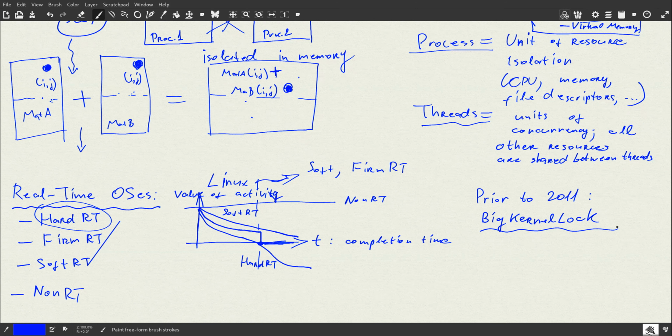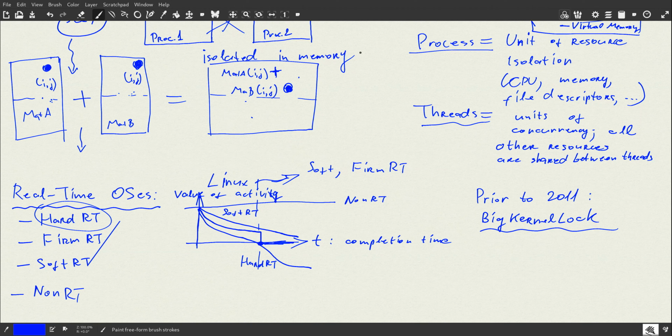So when this big kernel lock was completely eliminated, this opened the way of using Linux as a true real-time operating system. There is a patch to the Linux kernel. What we get as a standard, or we call it vanilla Linux kernel, is not the full set of possibilities we may have.